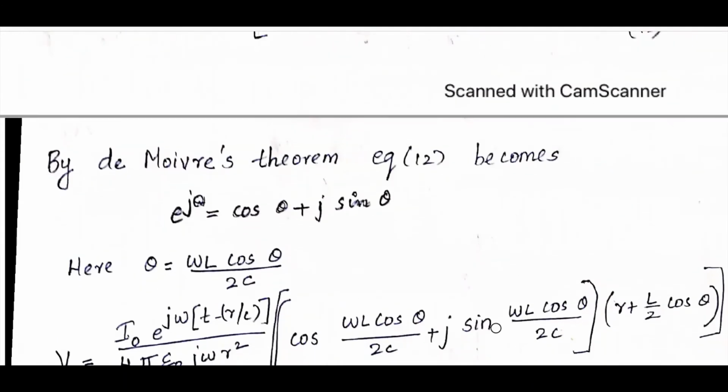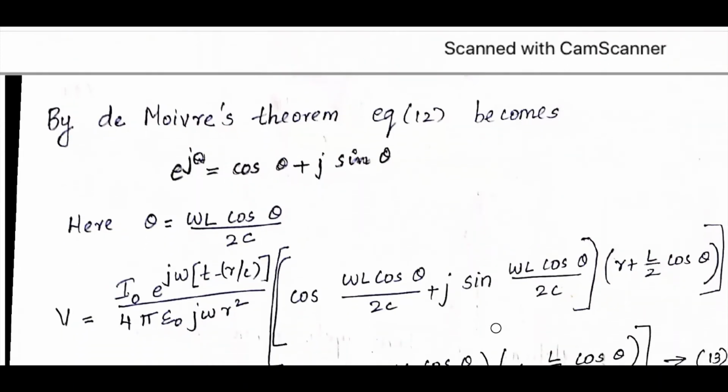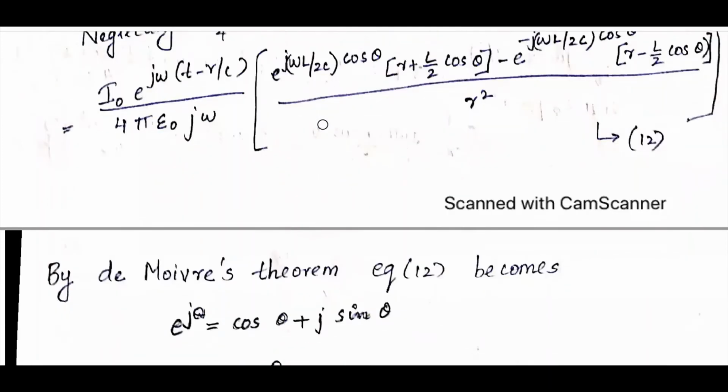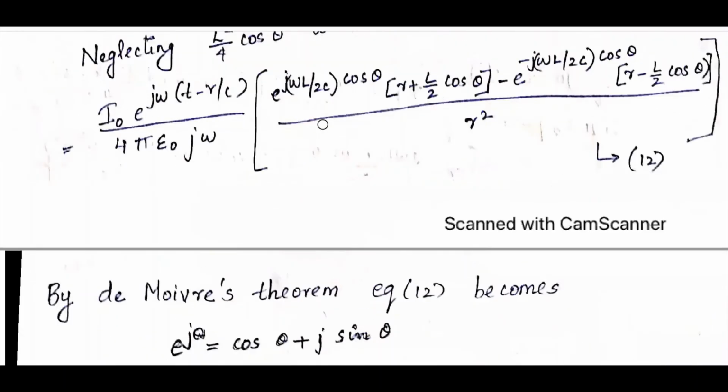Now De Moivre's theorem, we know, is given by the equation e raised to j theta is equal to cos theta plus j into sin theta. So if you compare this equation with this equation, we can see here j theta, theta is equal to omega L by 2c into this term.